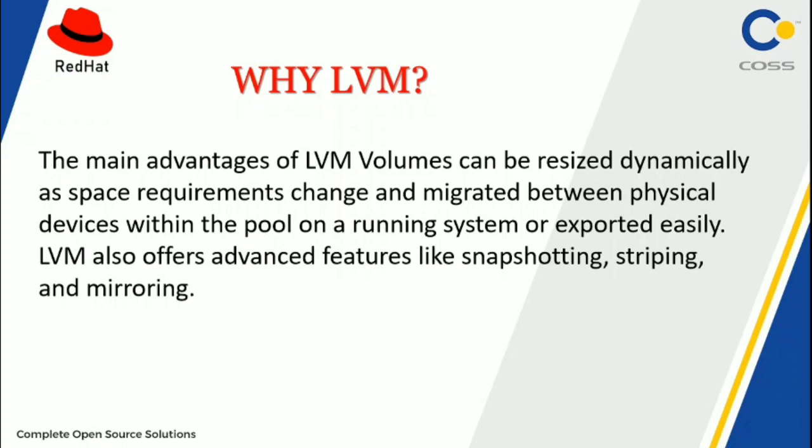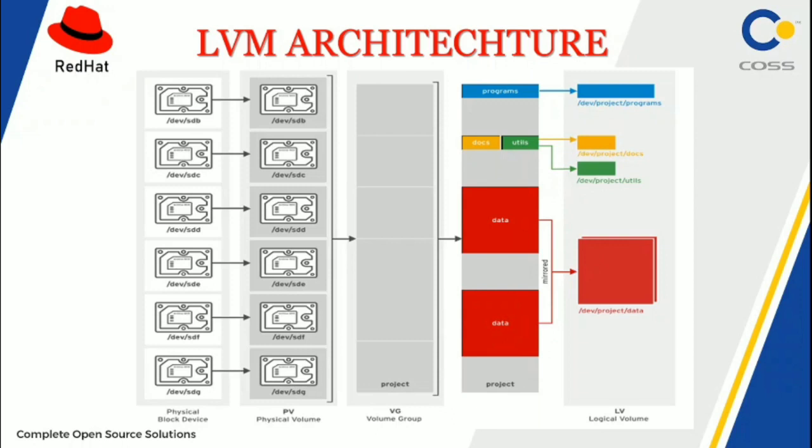Now let's move on to the next thing, the LVM architecture as per the traditional method. This is the traditional architecture of LVM. First of all, you need a partition. It can be a primary partition or a logical partition. Logical here doesn't mean LVM logical, it's the normal logical partition we create inside an extended partition.